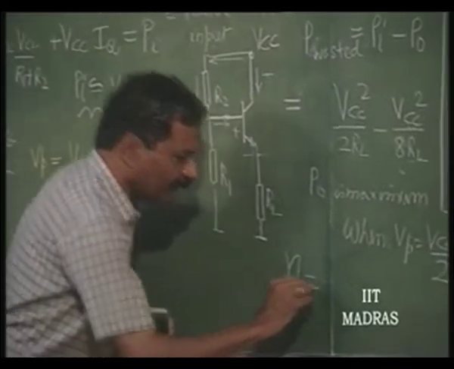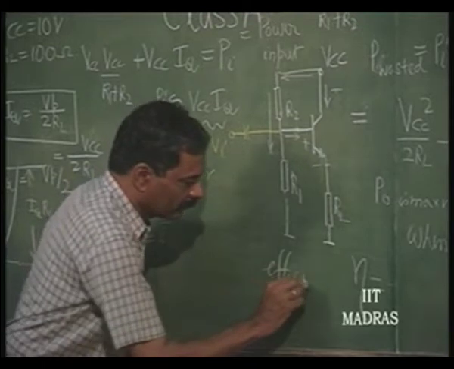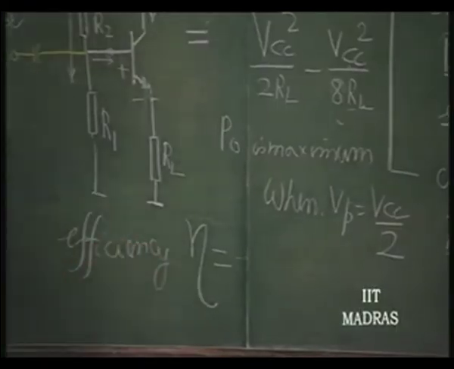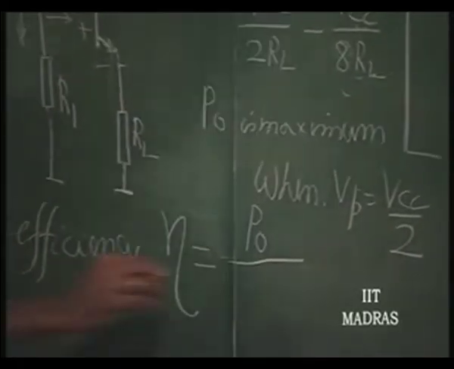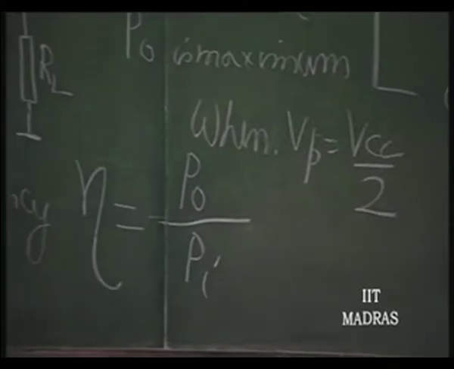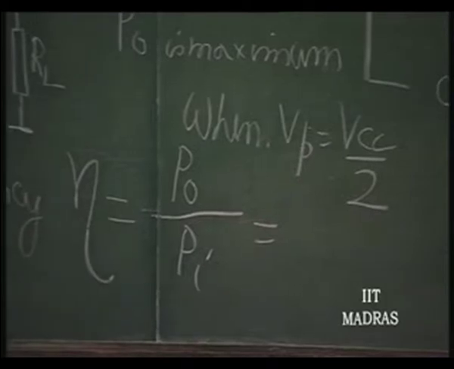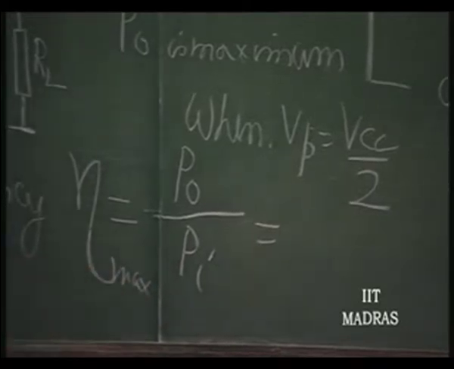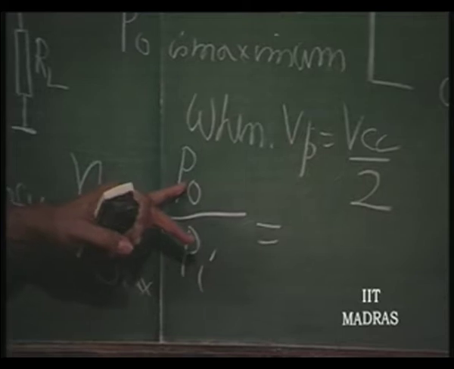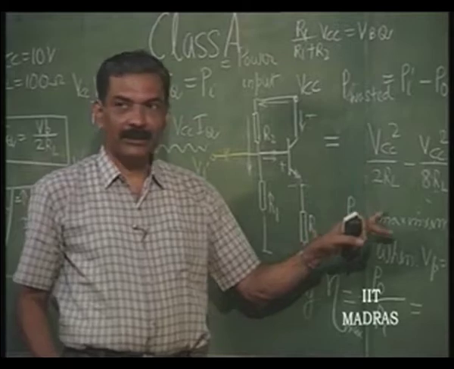Efficiency is defined as power outputted divided by power input. For the maximum efficiency, eta max, you have to consider the maximum output. Input is constant, Vcc squared by 2 RL.